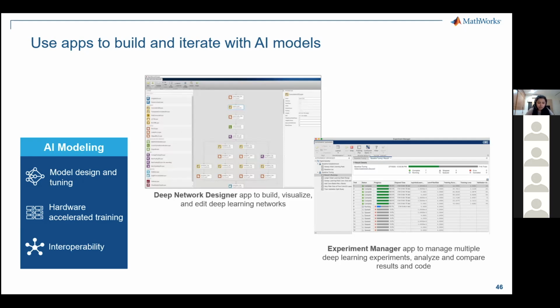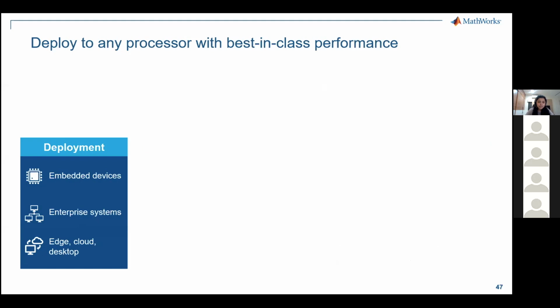There are equivalent apps for machine learning workflows as well, like the Classification Learner or the Regression Learner, and then more workflow oriented apps like the Experiment Manager, which can help you when you need to iterate to find what model might work best for your application.